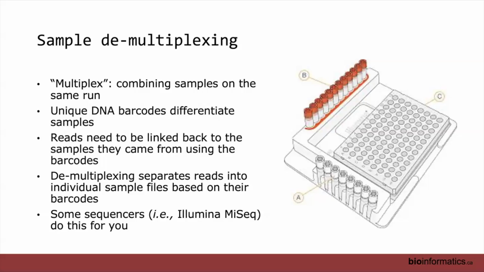You don't really need to worry about this, because this is what the Illumina sequencer is doing for you. But it is useful to understand that that's where each of the samples comes from, and that's how you can combine the DNA from all of your samples together when you're sending something off for sequencing. It seems crazy that you're just sending off about 20 microliters of liquid to be sequenced for all of your hundreds of samples potentially. But each of these will have a unique barcode to link back to it.